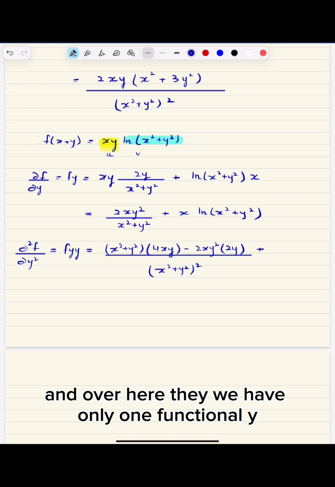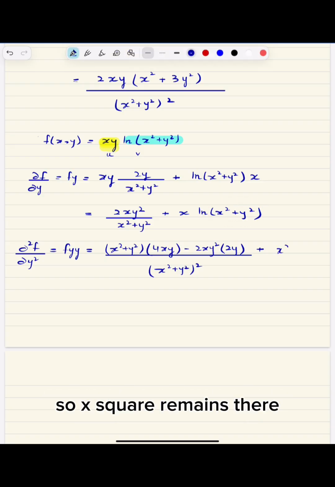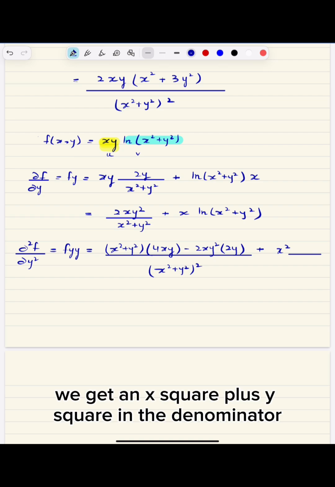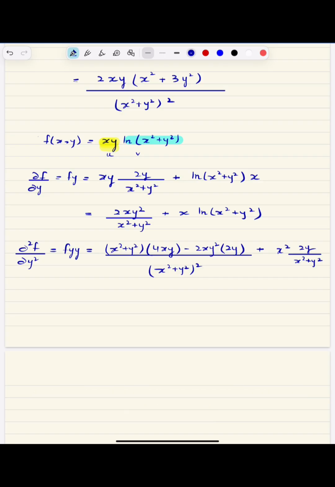And over here we have only one function of y, so x² remains there. We get x² + y² in the denominator, and in the numerator you'll get 2y.